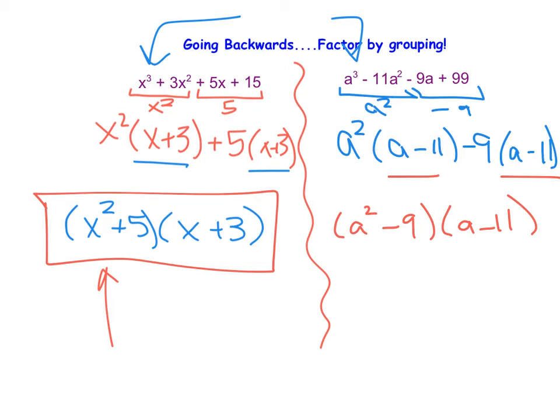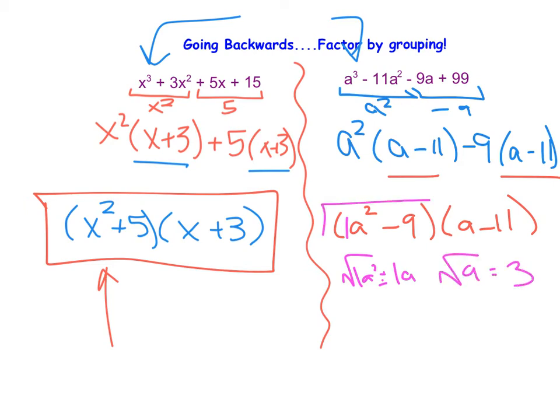Now, from here, it's my decision to decide whether or not I can factor this further. And if I look at the a squared minus 9, I know there's the potential that I could factor that further. And if I look here, I see one of my special properties taking place, because this is really a 1 out in front. The square root of 1a squared is just 1a. The square root of 9 is 3, and I see no middle term.